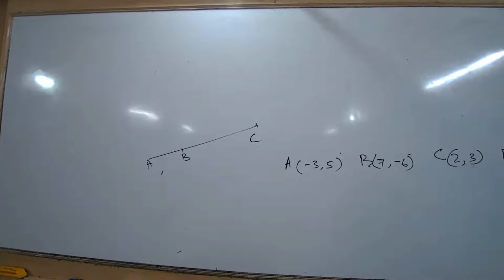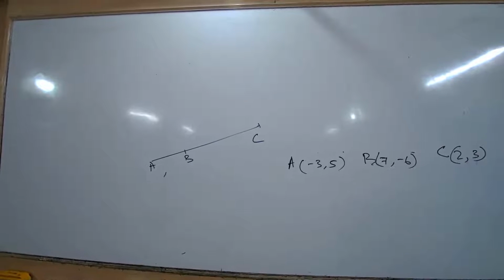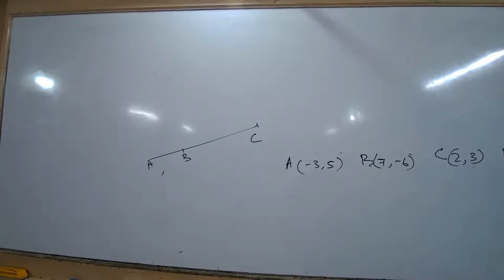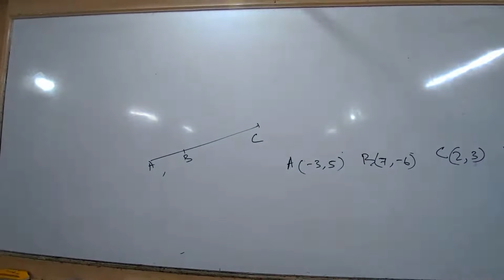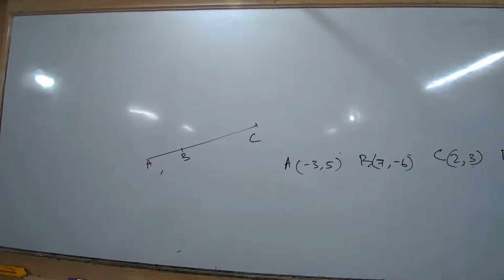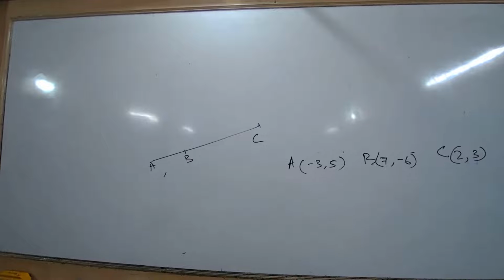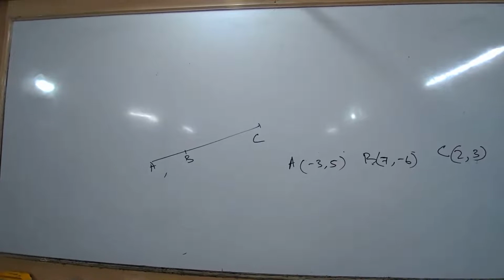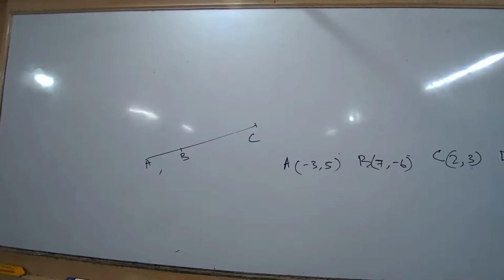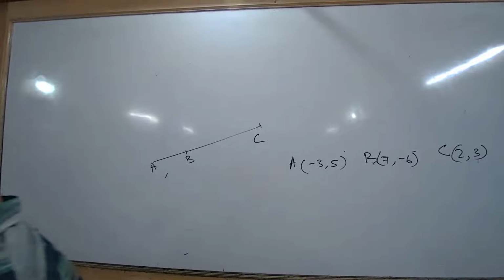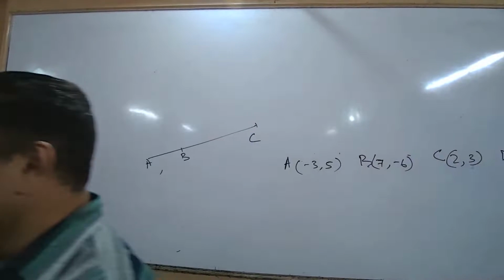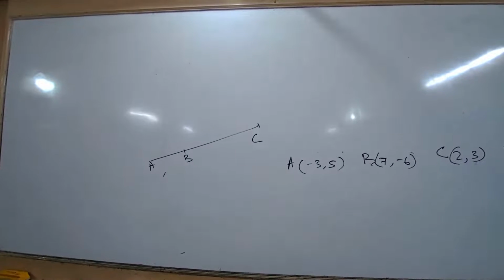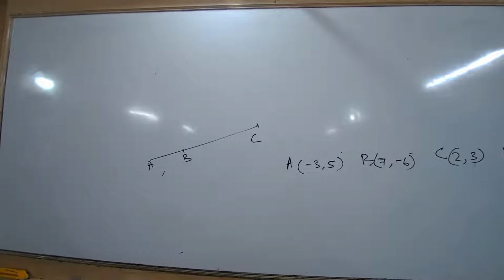The point of intersection of all the perpendicular bisectors is called the circumcenter. Altitude, median, angle bisector, perpendicular bisectors we discussed. When all the perpendicular bisectors meet, that point is called the circumcenter. The circumcenter property we also discussed: the circumcenter is equidistant from the vertices.